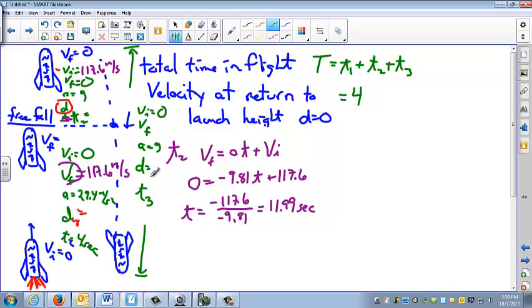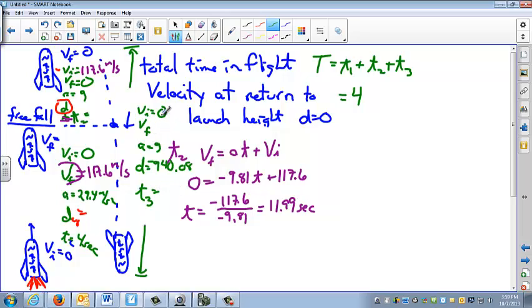The displacement, if you remember from our max height calculations just a little while ago, is 940.08. Now that's going to be a negative because it's falling from a height up here down to there. And time T3 is what we're looking for.